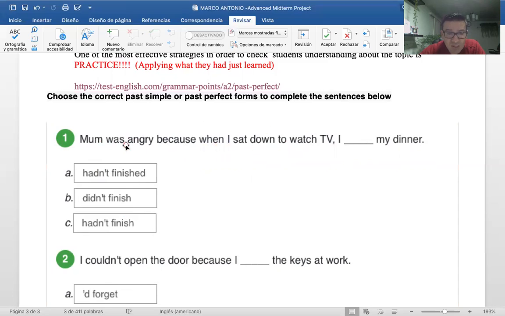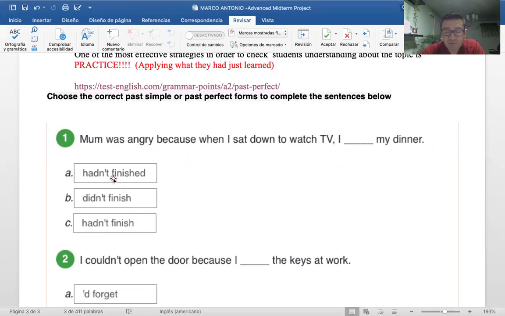But from the context, the students should be able to identify that we need a negative past perfect. Because it says my dinner, and because the mom was angry. Why would his or her mom be angry? Because in the example, I hadn't finished my dinner.